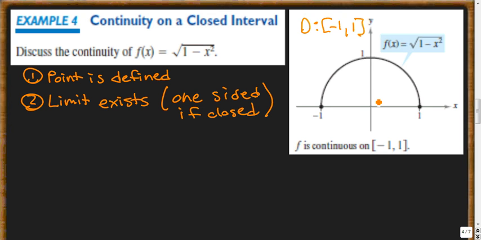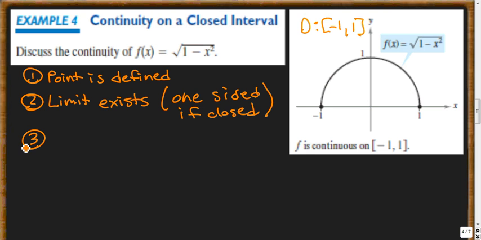So we are closed. So we can use a one-sided limit here. And so that is true. The one-sided limits do exist in these points, right? We do have a number that we're going to from each side. It's not just infinity or negative infinity. It's an actual number. So we are good there, and that limit does work.